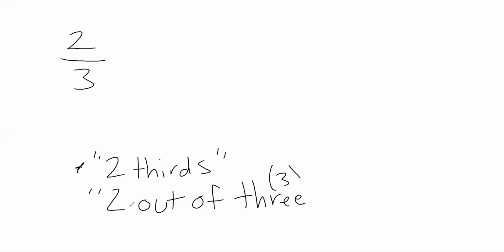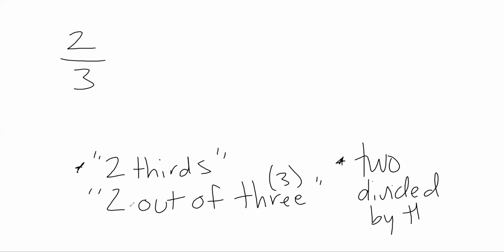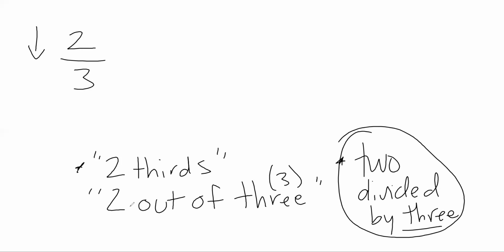I'm just placing this out there, we'll get there later: it can also say 2 divided by 3. We're not going to really get into that, but that is what it says, because you read from top to bottom, and this will come up in some later stuff. So plant seeds, start thinking about it. But we got 2/3, or we got 2 out of 3.